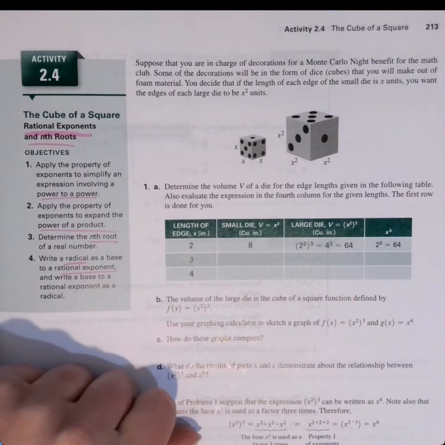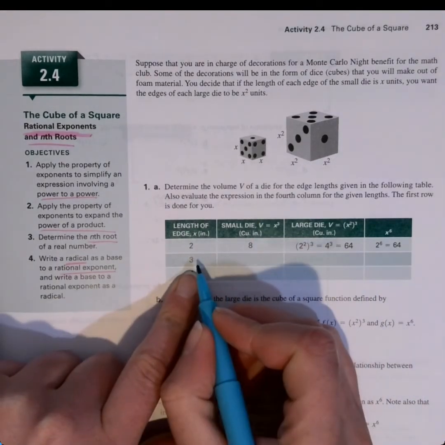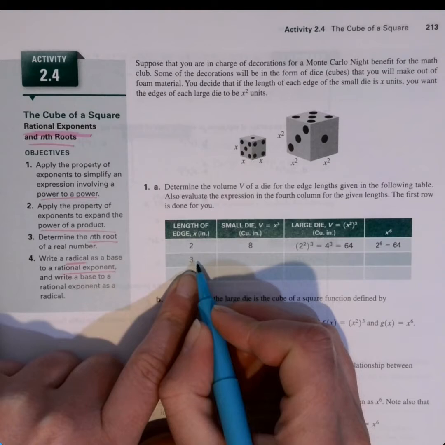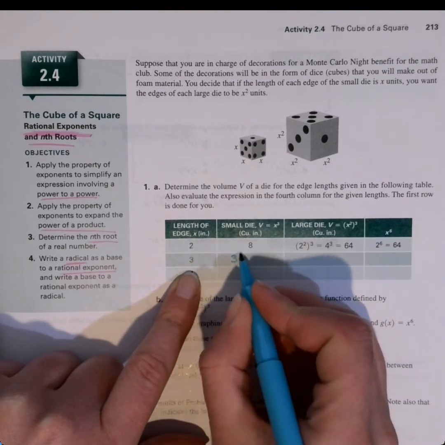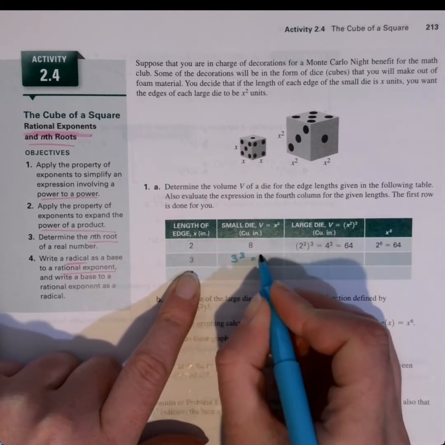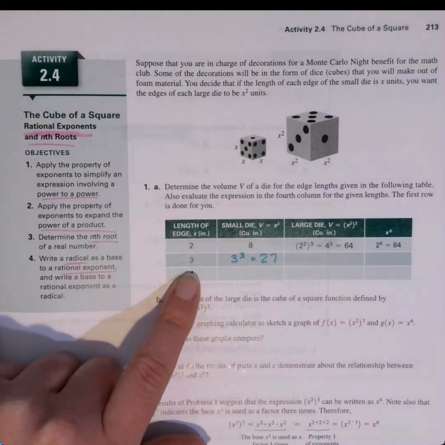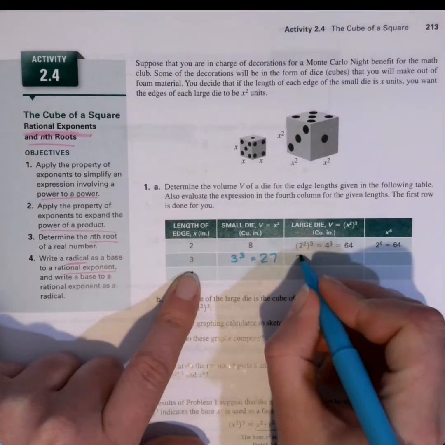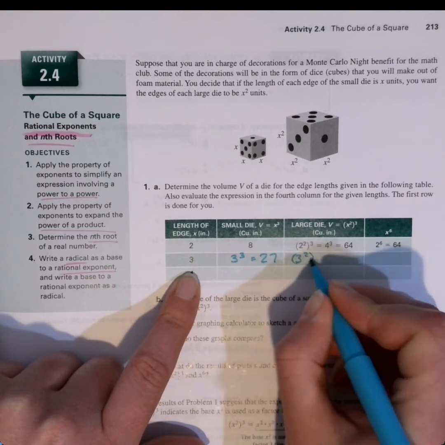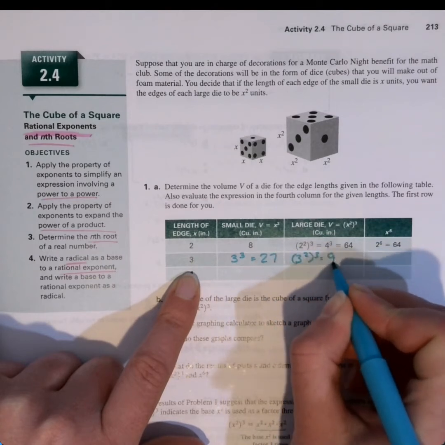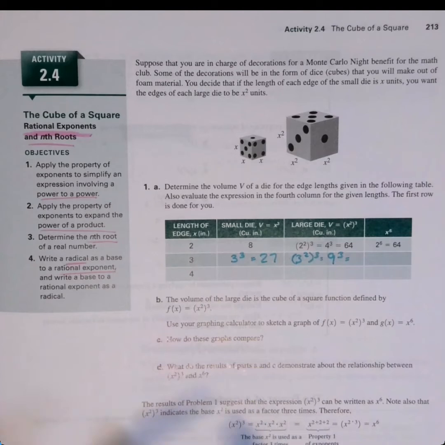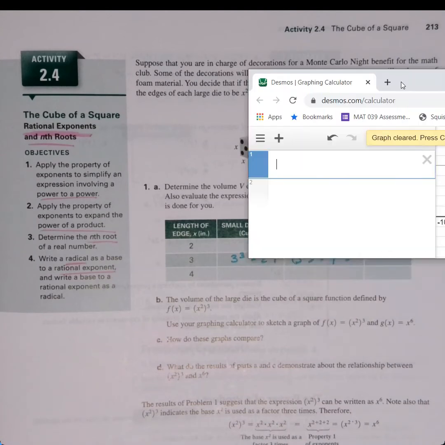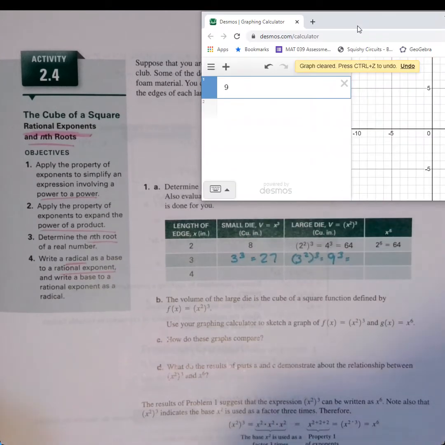So for confirmation, we're going to try this again. If our small dice has an edge of 3, then its volume is 3 to the 3rd, which is 27. And our large dice is going to be 3 squared, and 3 squared is 9, and 9 cubed is 729.